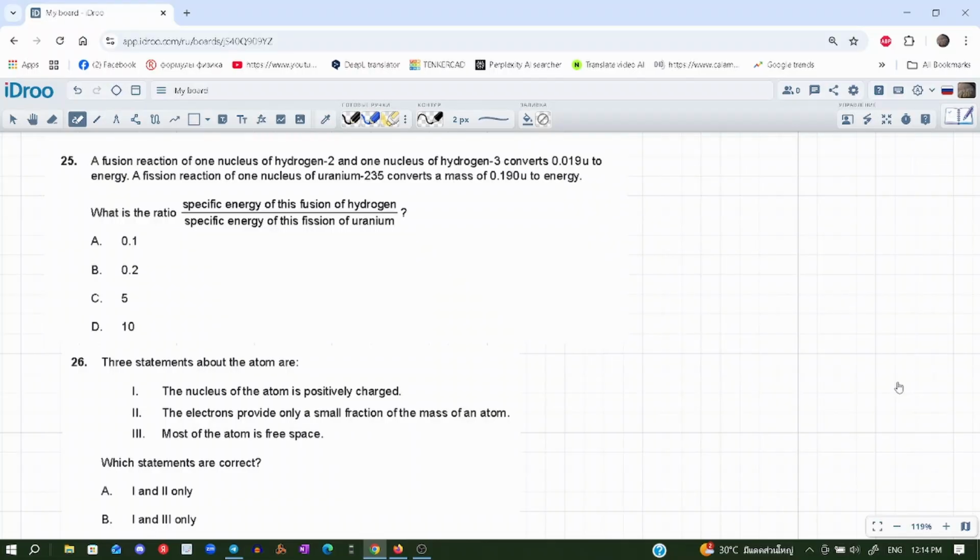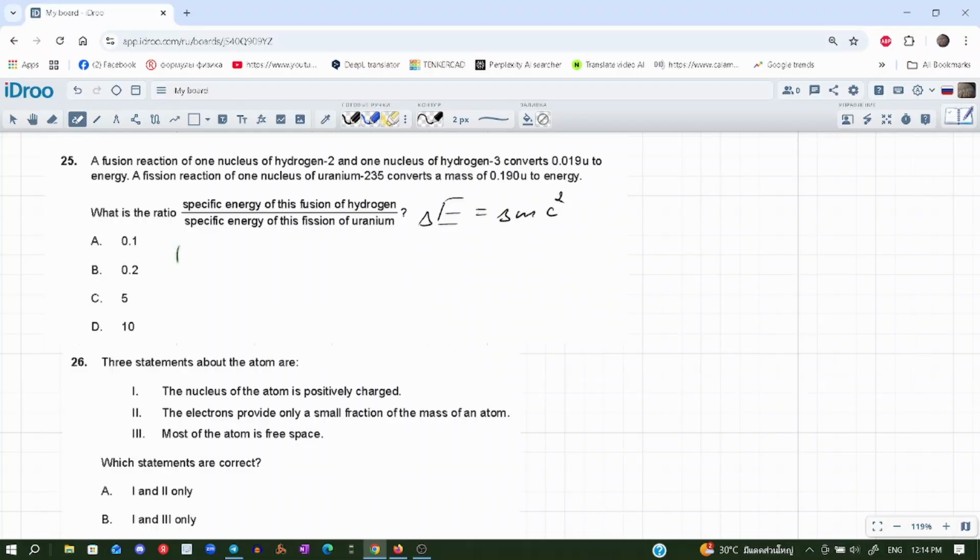And energy released is proportional to the mass converted, because according to the famous equation of Einstein, delta E equals delta m c squared, the change in mass just converts into energy. And we want to know the ratio of specific energies of these two reactions.